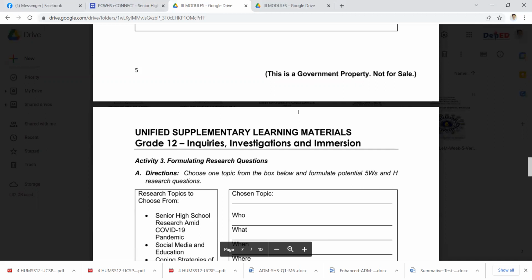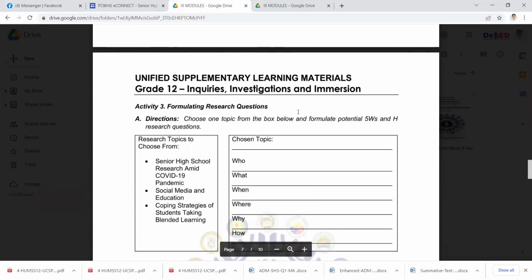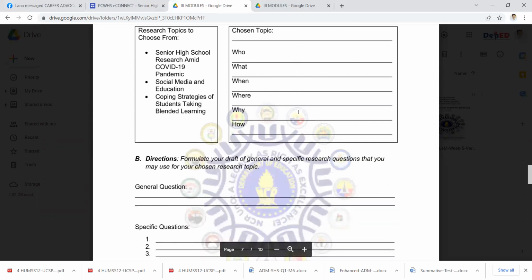So, what is our topic for tonight? Okay. The senior high school amid the COVID-19 pandemic, then social media and education, and then number 8, coping strategies of students taking blended learning. Okay, next, formulate your draft of general and specific research questions that you may use for your chosen research field.